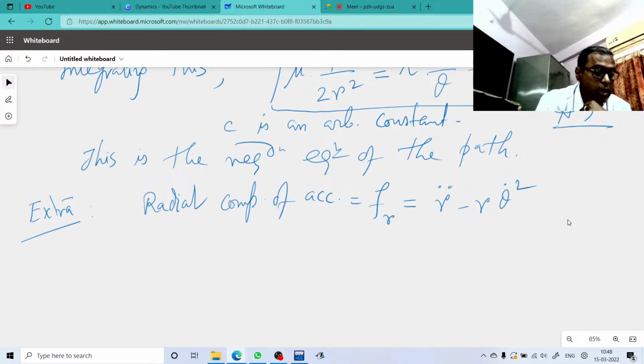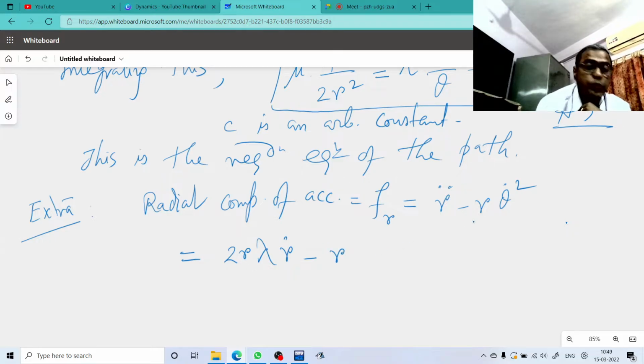So using equations 1 and 2, r double dot.